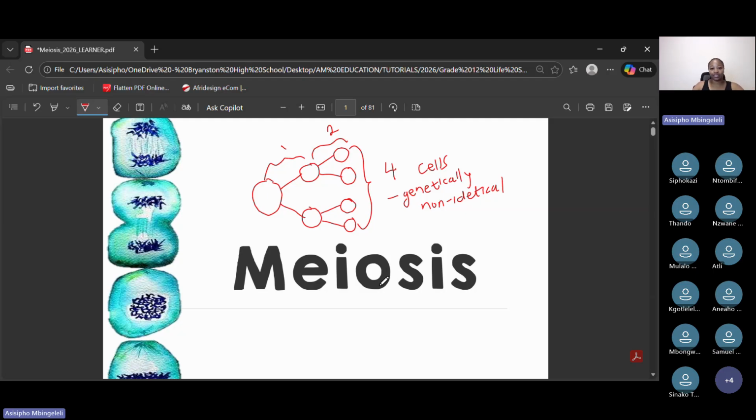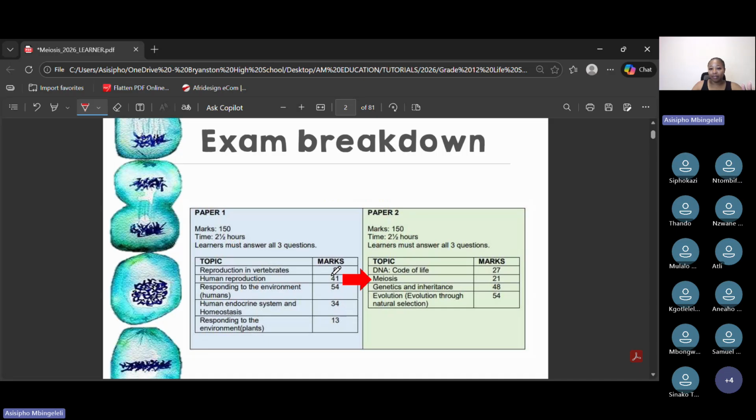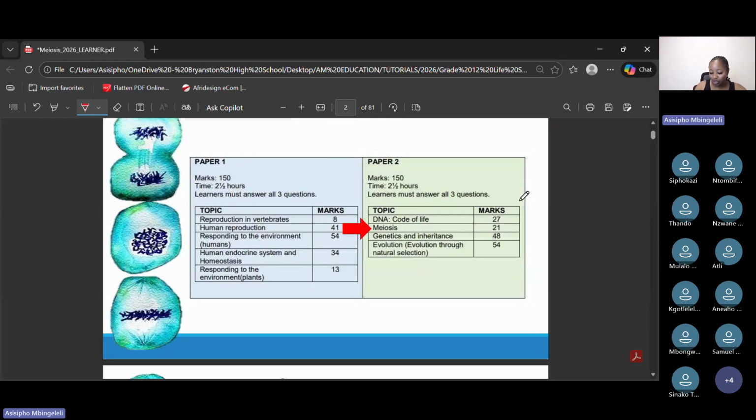All right. Now, I'm not sure if I mentioned this last week, but meiosis is tested in paper 2, and it has a total of 21 marks. I think you should be aiming to get plus minus 17 marks in meiosis.